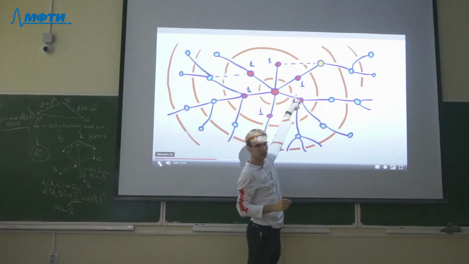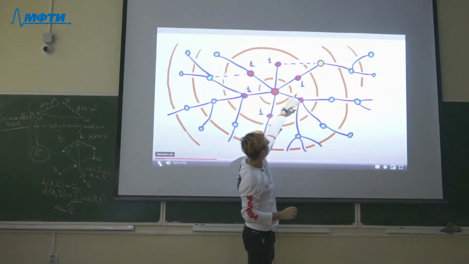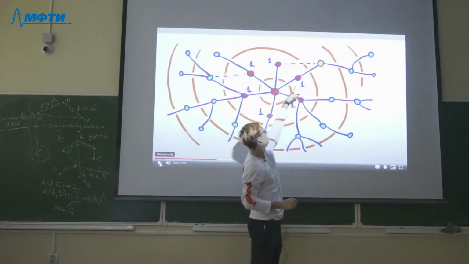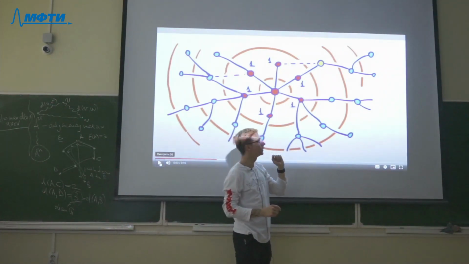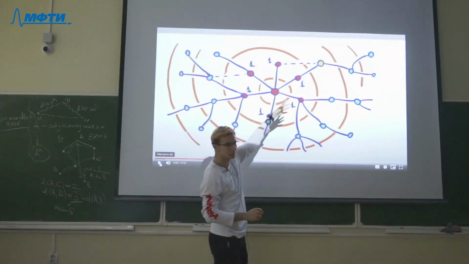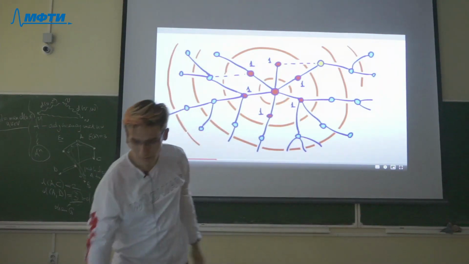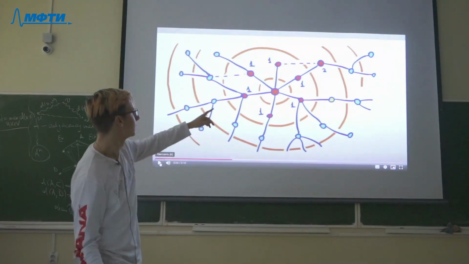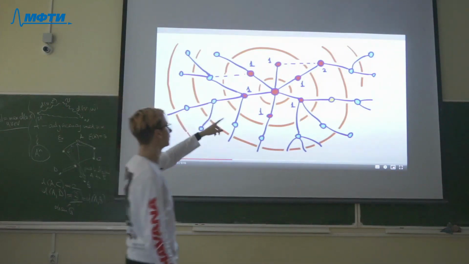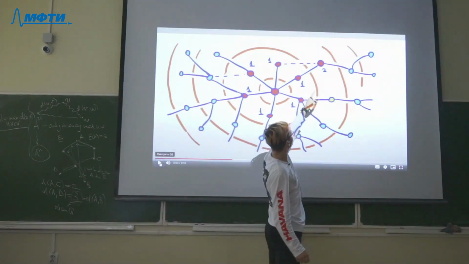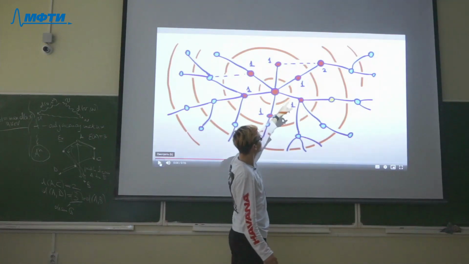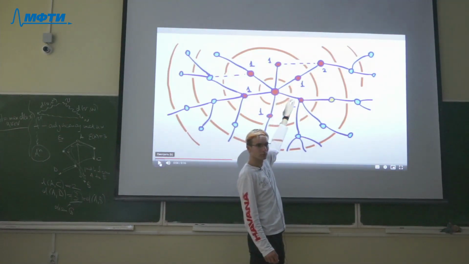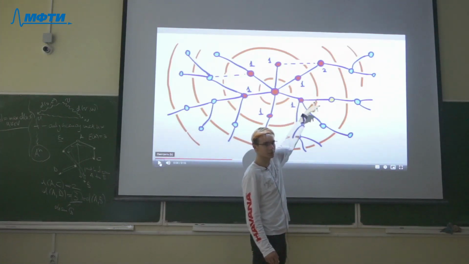We see only one vertex is adjacent to this vertex, so we color it yellow and say that its distance is one more than the distance from this vertex to the center, and it is equal to 2.